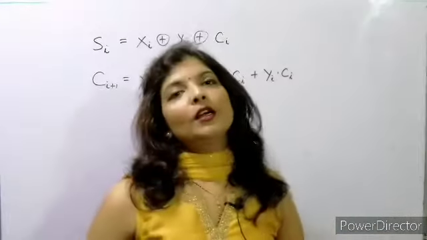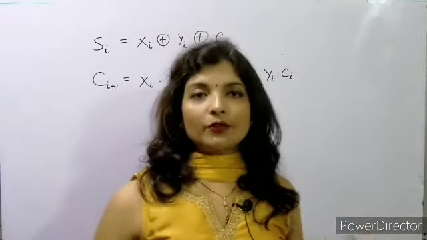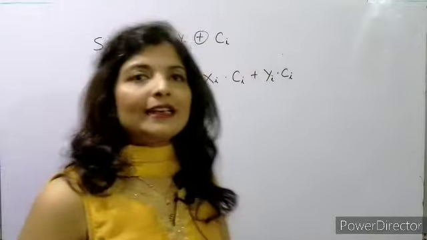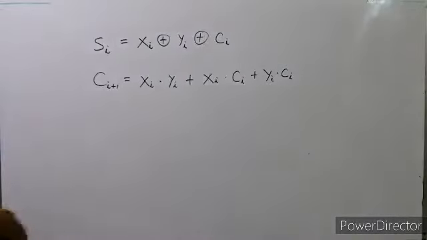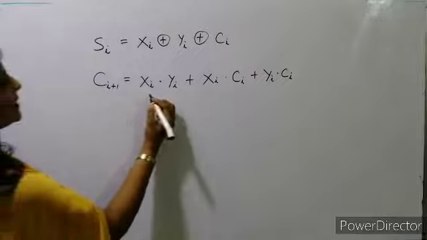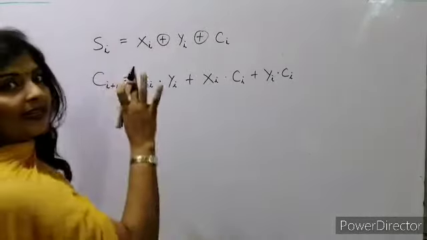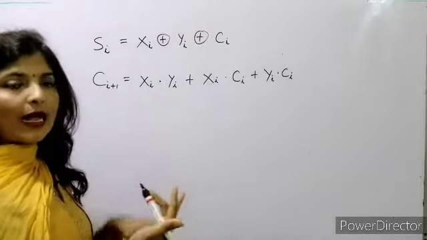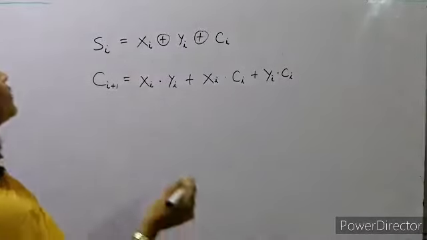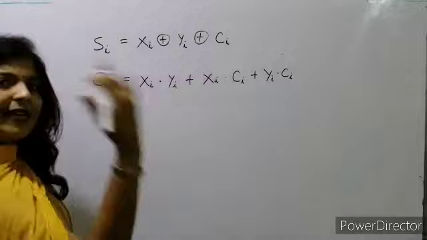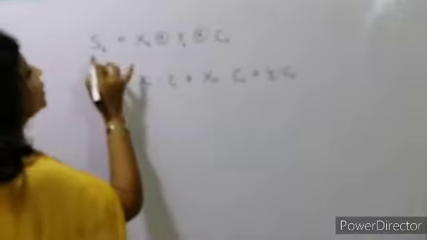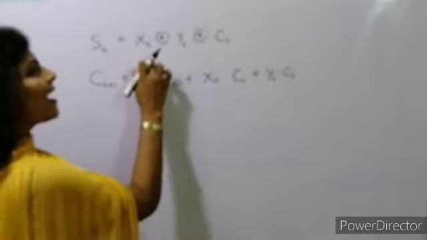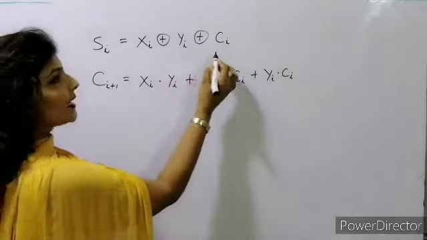Okay, so the output of a full adder at any position, so we'll take ith position. So xi, si, that is sum at the, there will be two outputs, one is sum and one is carry out. Okay, so si is sum at ith position, any position we can take. So ith position: xi XOR yi XOR ci.